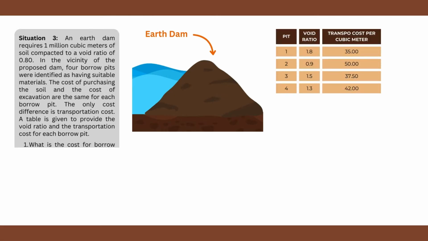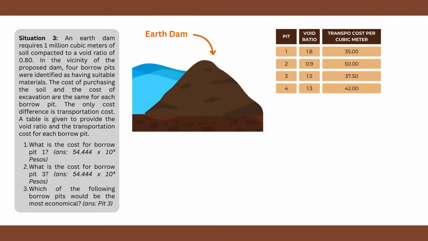For this episode, an earth dam requires 1 million cubic meters of soil compacted to a void ratio of 0.8. In the vicinity of the proposed dam, 4 borrow pits were identified as having a suitable material. The cost of purchasing the soil and the cost of excavation are the same for each borrow pit.